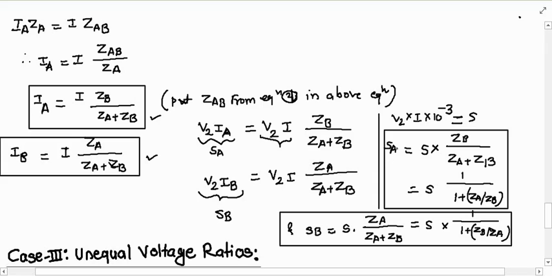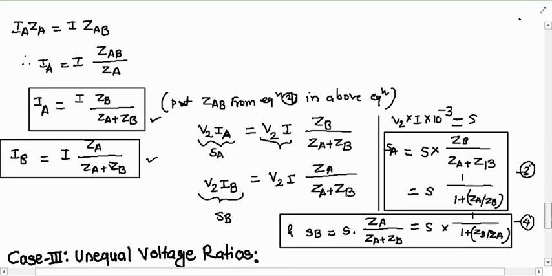This is the kVA of transformer A, and this is the kVA of transformer B. Hence students, SA and SB are obtained in magnitude as well as in phase from the above vectorial expressions which I have written with the help of equation number 3 and equation number 4.